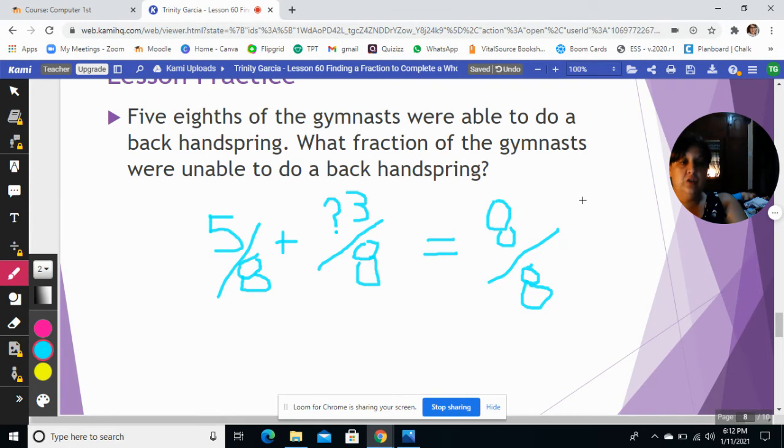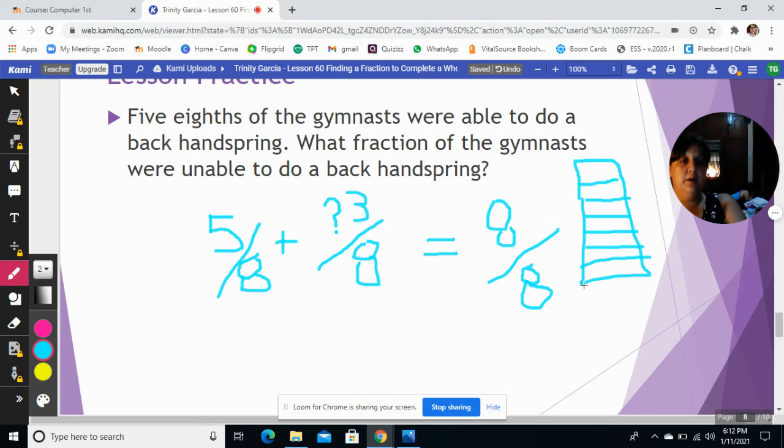Or you can draw your rectangle and do it the same way that we've been doing it and have equal parts. Okay, and have your 8 parts of your rectangle or your pie. I get 8, 1, 2, 3, 4, 5, 6, 7.